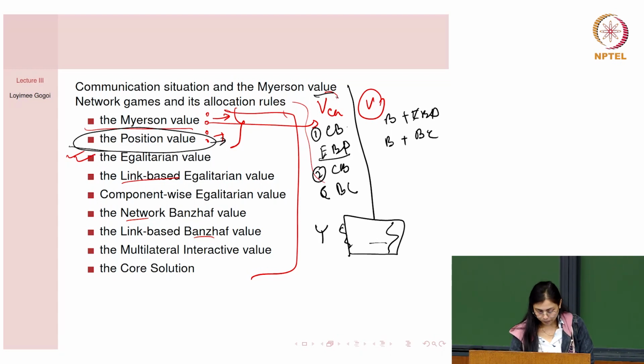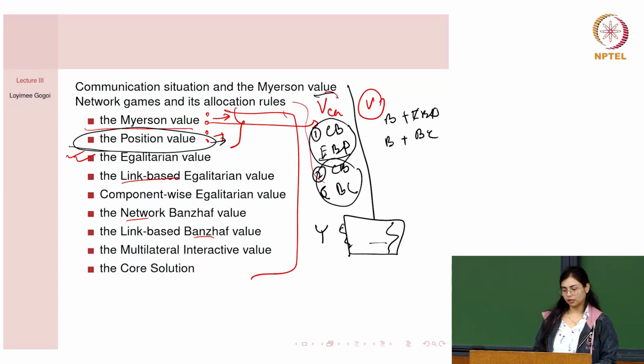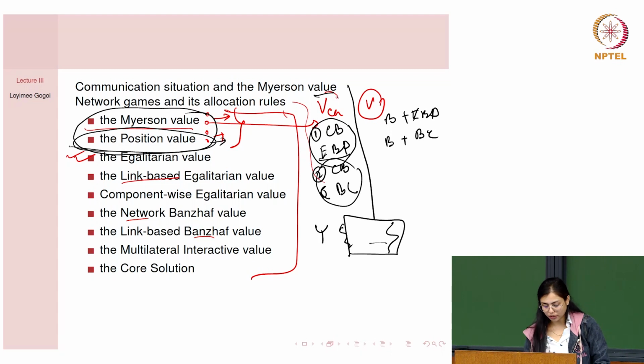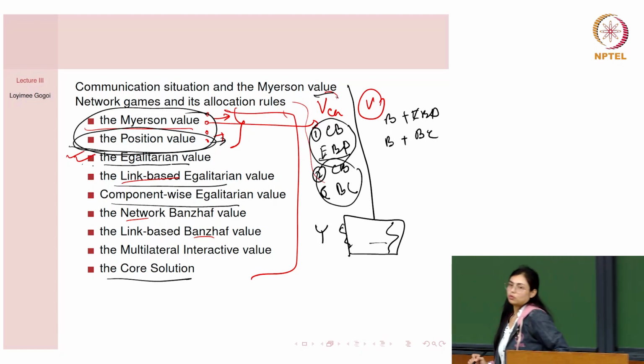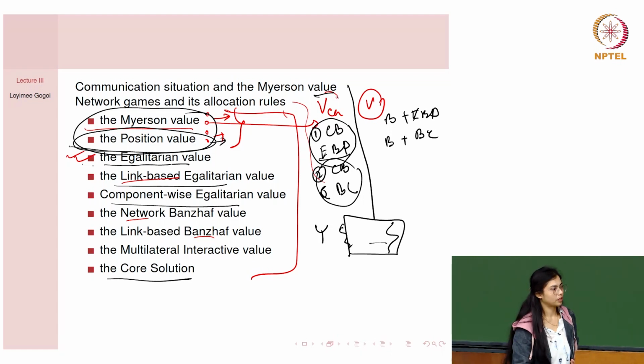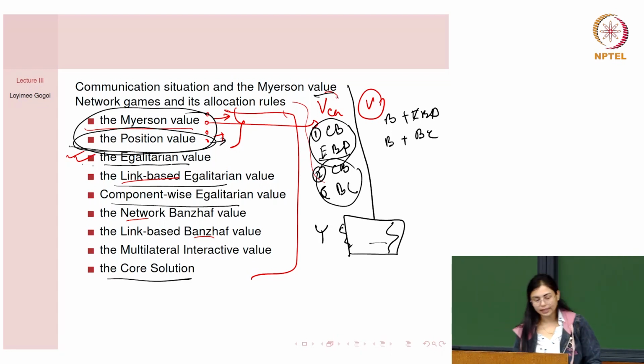Like the Myerson value, these are the two allocation rules like that. So people have only talked about the characterization for the Myerson value and the position value. There are some other allocation rules introduced in network settings, like the Egalitarian, link-based Egalitarian, component-wise Egalitarian, and the core solution, right. For these there is no characterization theorem. Okay. So one can work on their characterization.